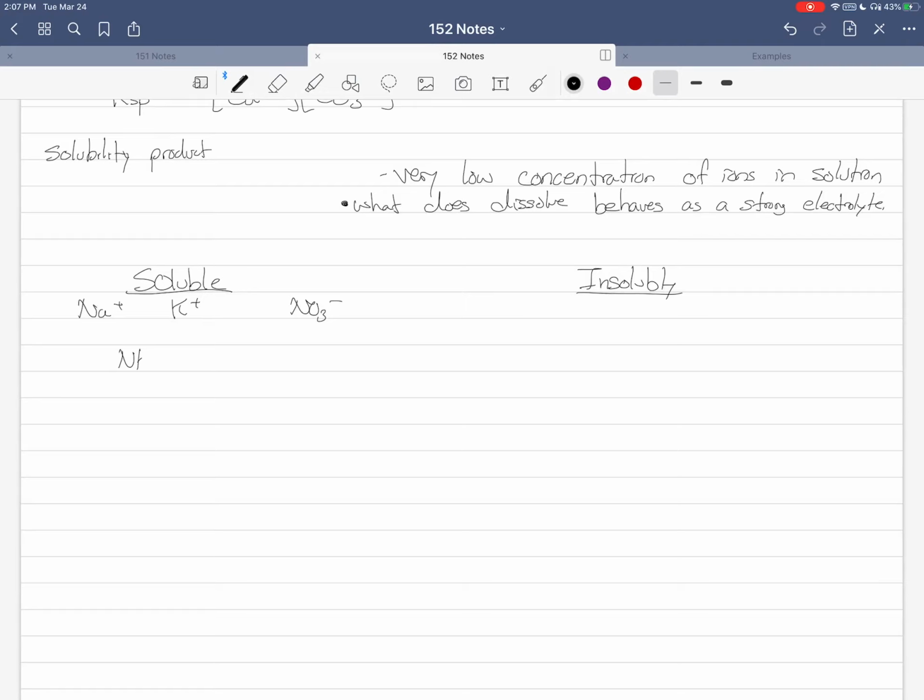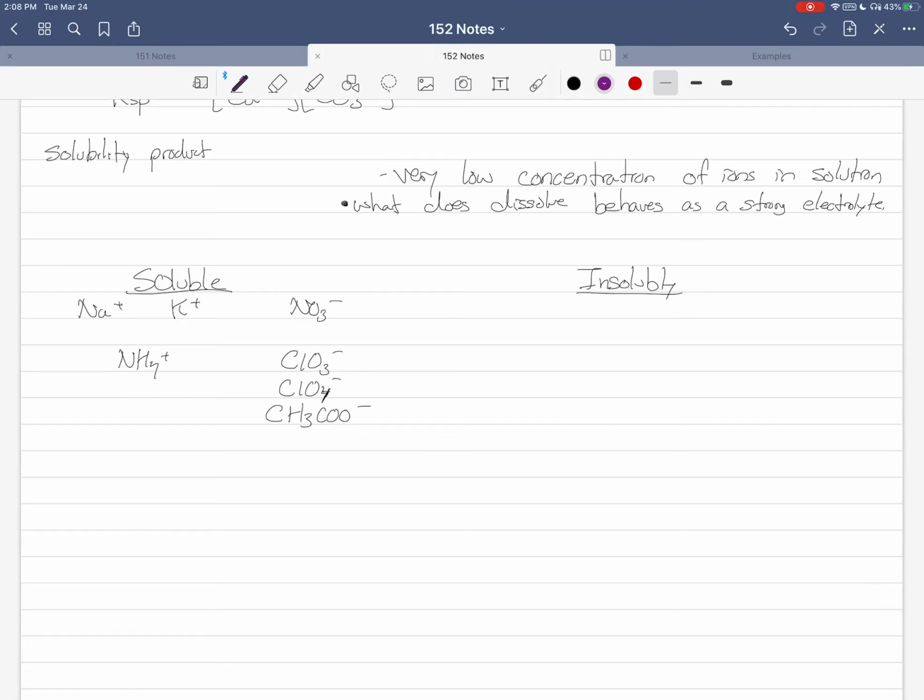Ammonium is pretty much soluble, and that's NH4 plus, not NH3. Also, a lot of times chlorate, perchlorate, and acetate, they generally make soluble salts.